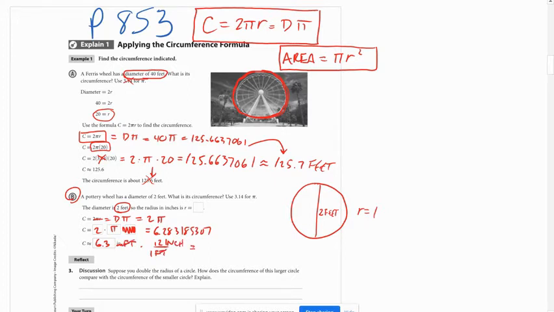The answer that we got, 6.2831 times 12, is 75.39822369, and that is approximately 75.4 inches. So now we have an answer in inches. It was 6.3 feet, but that's also 75.4 inches.